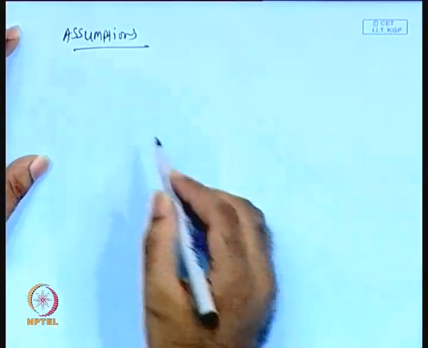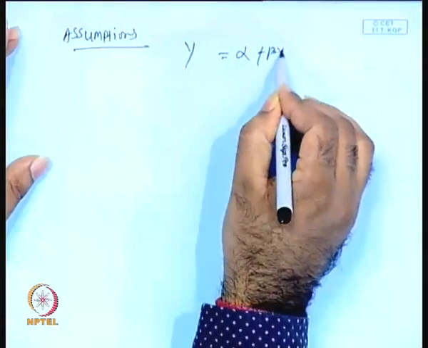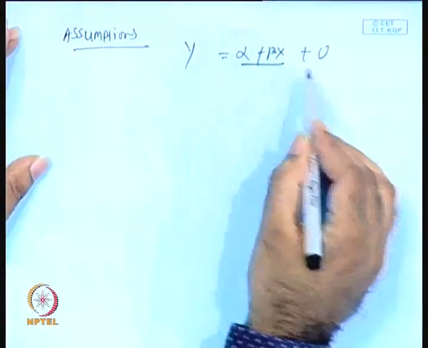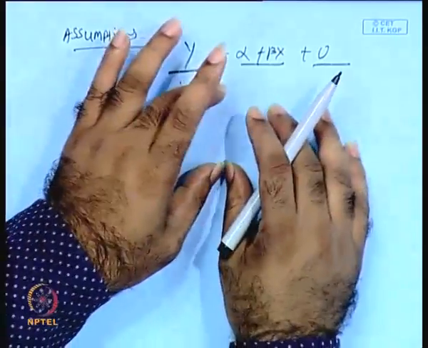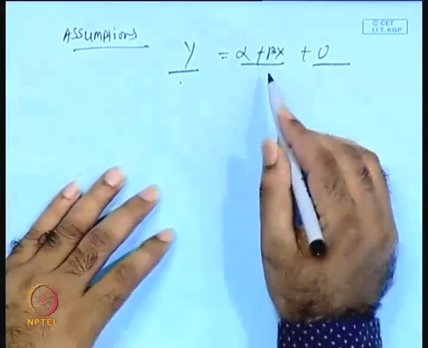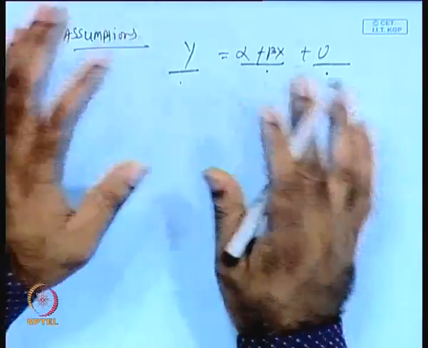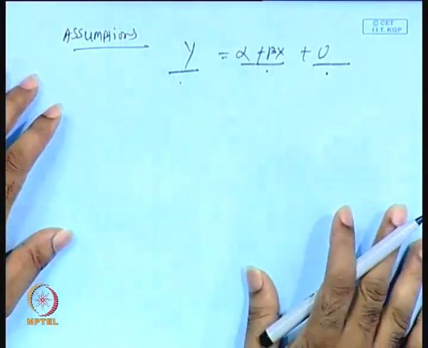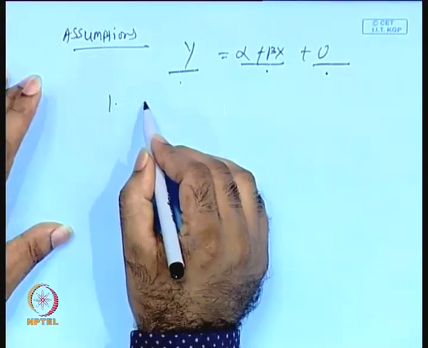For this model, y equals alpha plus beta x plus u, we have three parts: the total variation, the explained variation, and the unexplained variation. Now the assumptions relate to these components and to the overall fitness of the model. The first standard assumption is that the model must be linear in parameters.